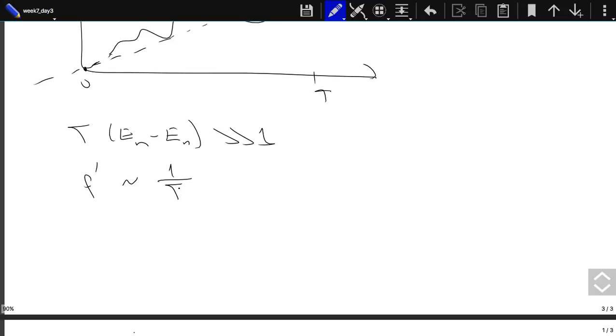And since f prime is 1 over t, this condition basically means that f prime should be much smaller than em minus en over h bar.